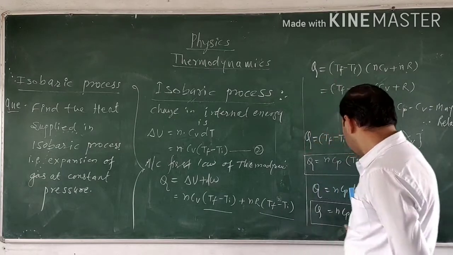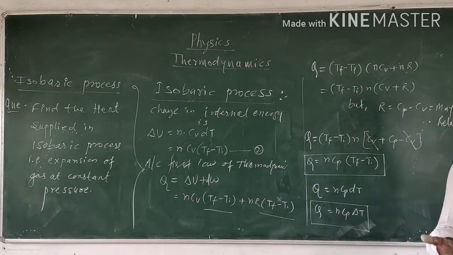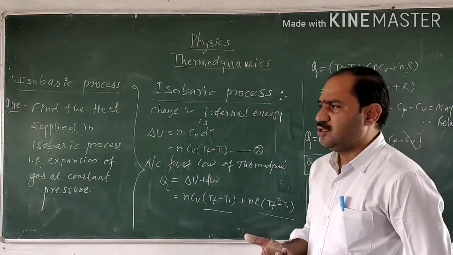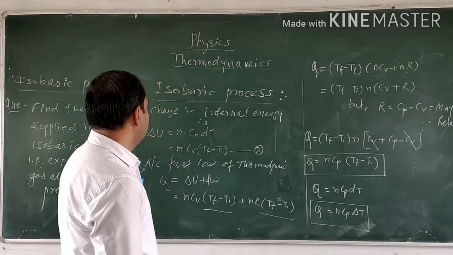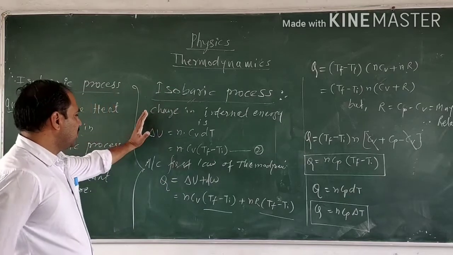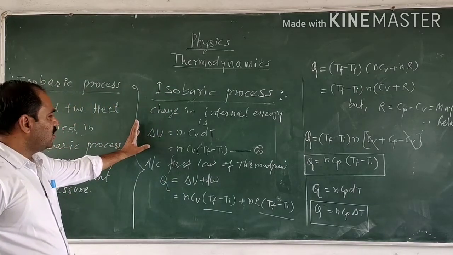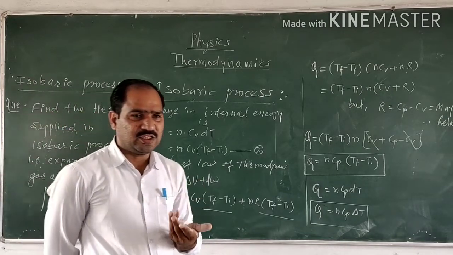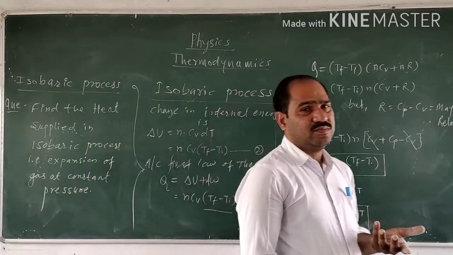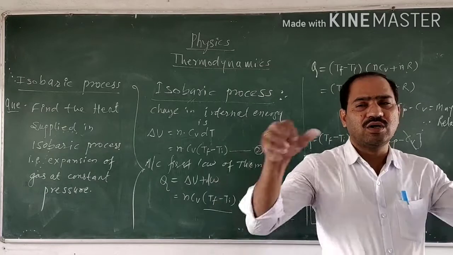Delta T gives you the change in the temperature of the gas. So whatever the amount of heat supplied to the system in the isobaric process, it can be used in two ways: first, to change its internal energy, and second, to do work either by the system or on the system.